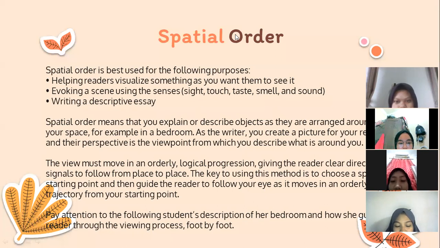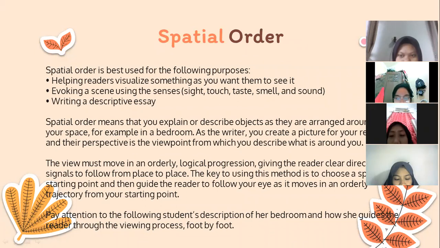The key to using this method is to choose a specific starting point and then guide the reader to follow your eye as it moves in an orderly trajectory from your starting point. Pay attention to the following student's description of her bedroom and how she guides the reader through the viewing process, foot by foot.